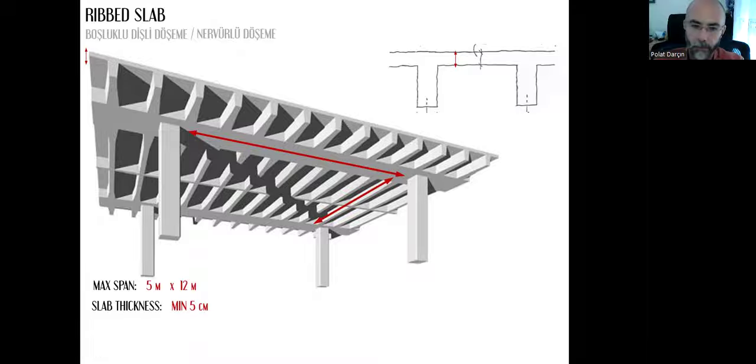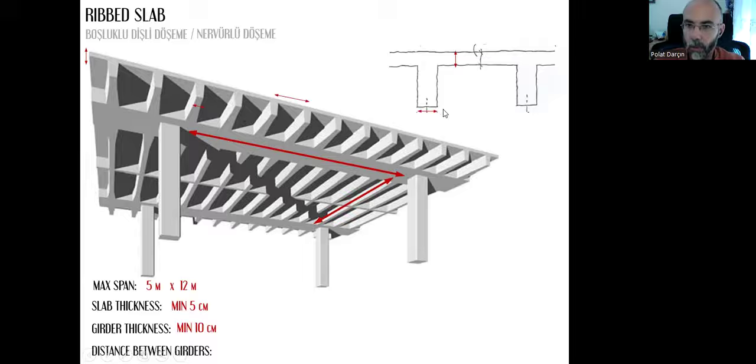That's the limit. And the girder thickness, this distance for each girder, needs to be minimum 10 centimeters. And the distance between two girders, the size of the void, can be minimum 40 centimeters, maximum 70 centimeters.